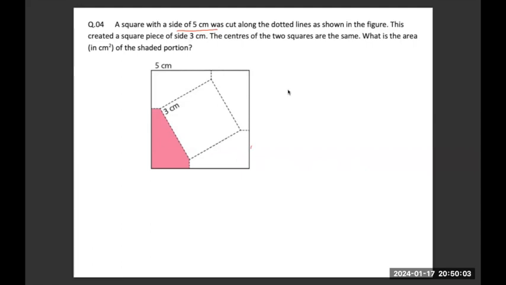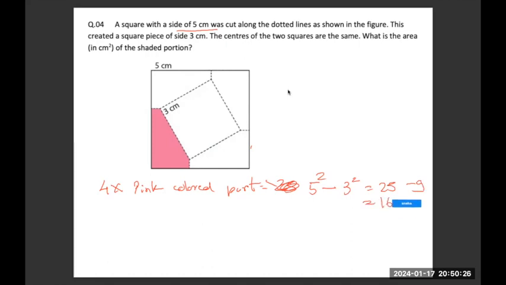So the remaining area, which is 4 times the pink colored part, will be 5 square, which is the area of the bigger square, minus 3 square, the smaller square area. 25 minus 9 is 16. 16 is the area of the whole remaining part.